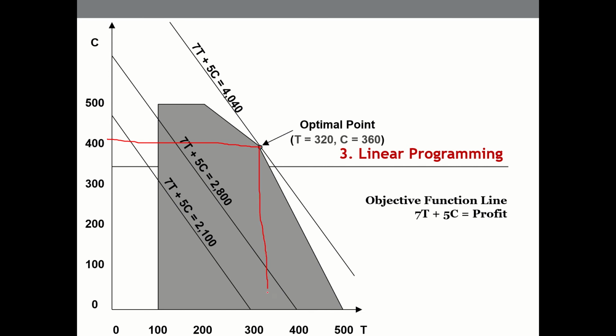Using this we can say that this is the optimal point, where maximum benefit can be achieved. In this case we can make a maximum of 320 tables and 360 chairs.